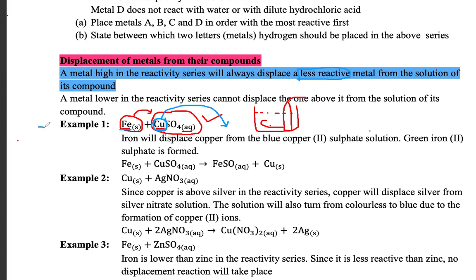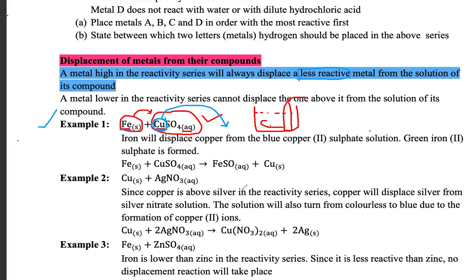That's what this point is actually talking about. So iron will displace copper from its copper sulfate because the iron is actually more reactive than copper. Now, there are a few observations that you must make, and they like asking this question.